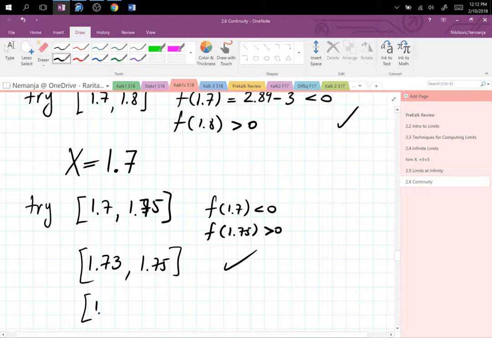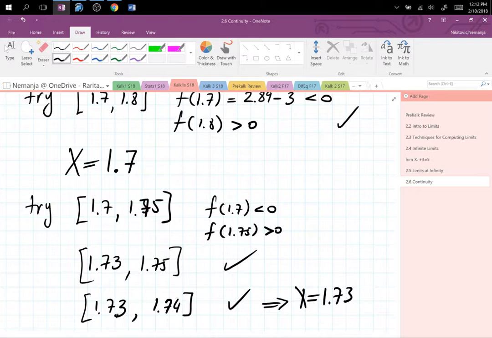And then you try 1.73 to 1.74, and that works, which will immediately mean that your solution now is x equals 1.73 already. Then you go to the next digit and the next digit and the next digit. So you keep making the interval smaller and smaller, and as long as one is above and one is below, the solution for the function is in between the two.